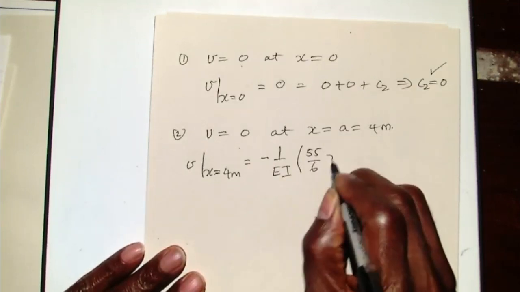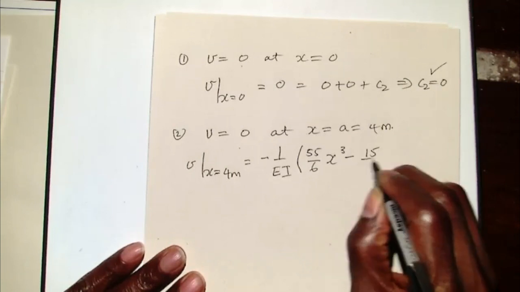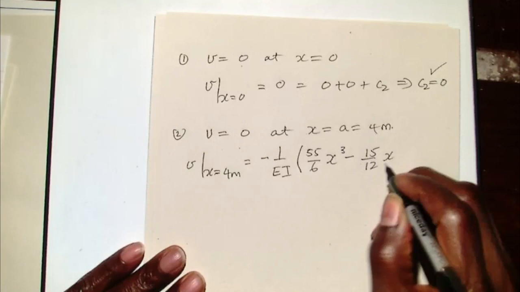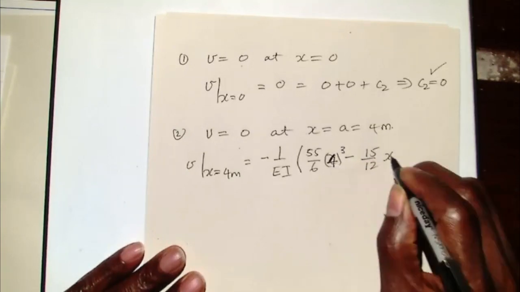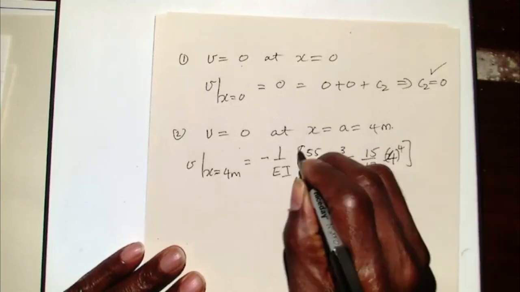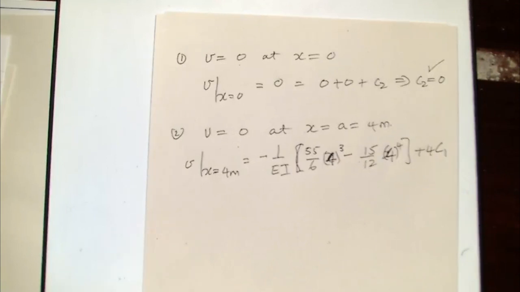So if we were to do that, I will end up with 55 over 6 x cubed minus 15 over 12, so that will be 4 now. Since we know it is 4, that will be 4 raised to the power 4, and then plus 4 C1. If 4 belongs to both of the sides, can I use the second equation as well? Don't worry, you will see how we do that. Remember, we need 4 sets of conditions.